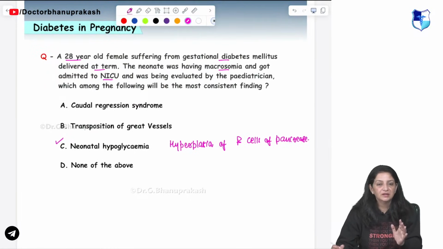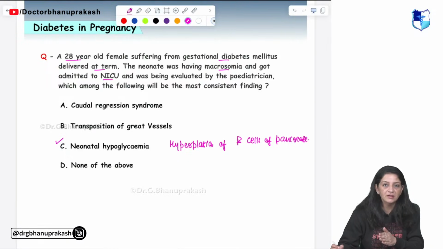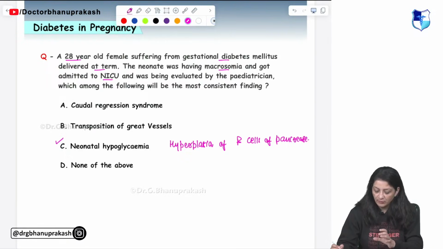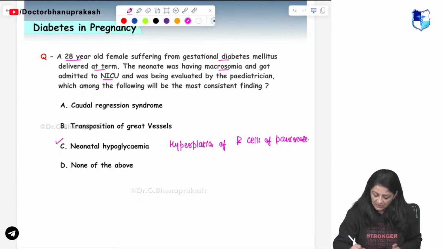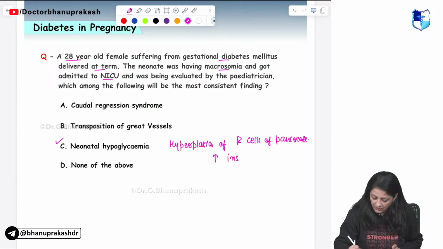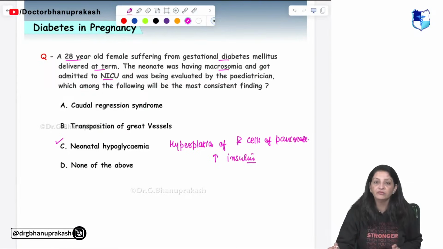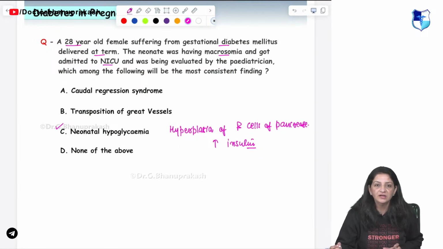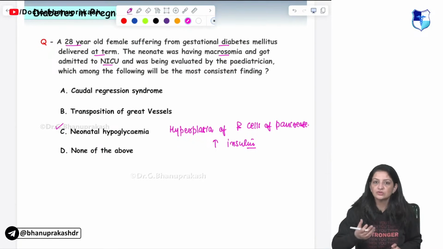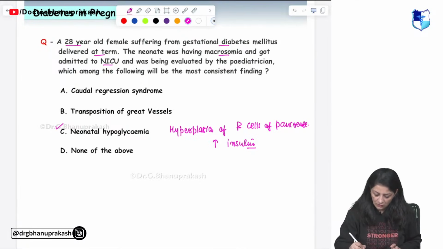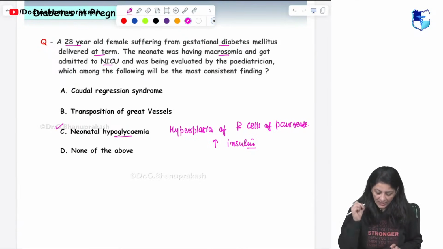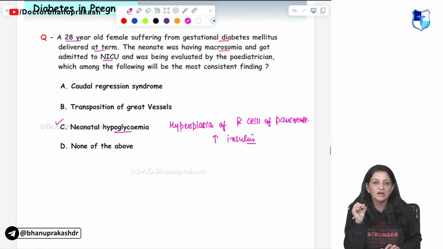So, maternal hyperglycemia will cause fetal hyperglycemia, and hyperplasia of beta cells of pancreas means there is an increased secretion of insulin from the fetal side. After delivery, the source of sugars has gone. That's why it will cause hypoglycemia in the neonates.